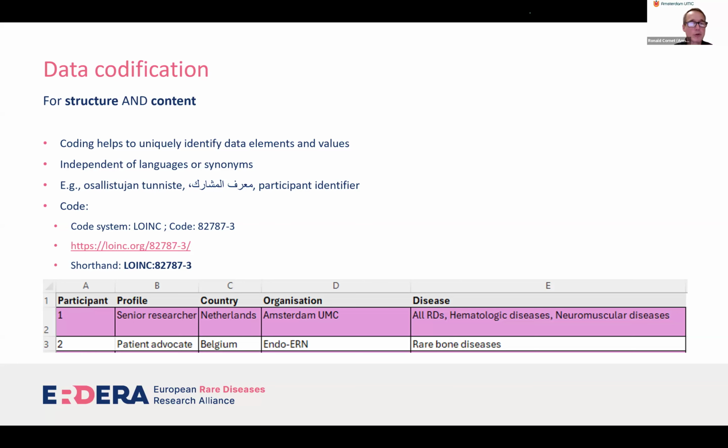And when we do that, we often also use shorthands and we say, oh, LOINC actually stands for loinc.org. And we can just write LOINC:82787-3. And in that way, we can add the codes to all of the data elements.